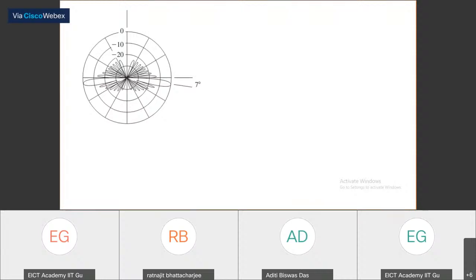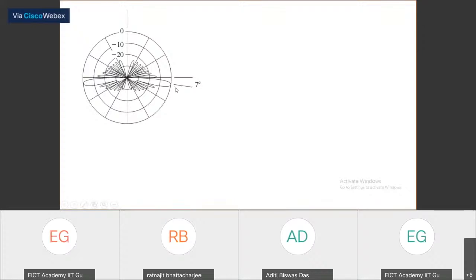Here I am showing the diagram of an omnidirectional antenna, and when you use an array, you will get a main beam with side beams, side lobes, and notice here we are showing a tilt angle.